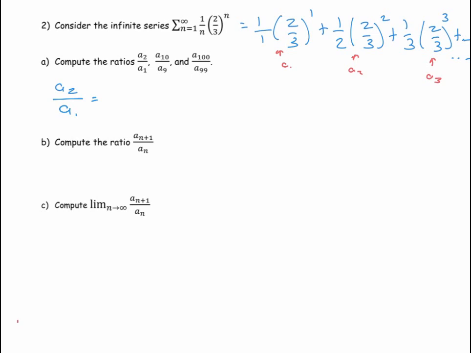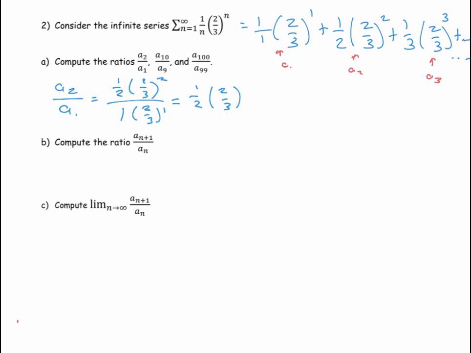So the second term divided by the first term would be 1/2 times 2/3 squared divided by 2/3 to the 1, and we end up getting 1/2 times 2/3. I'm going to leave it like that for now.